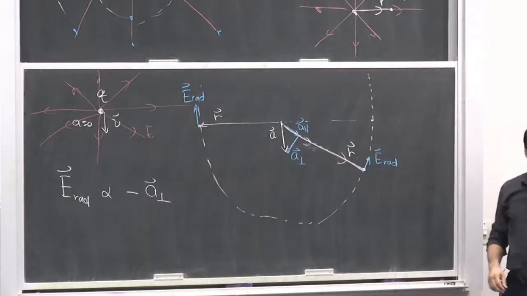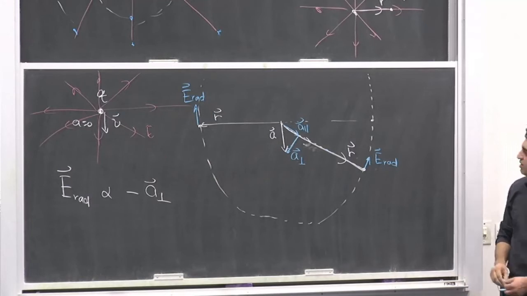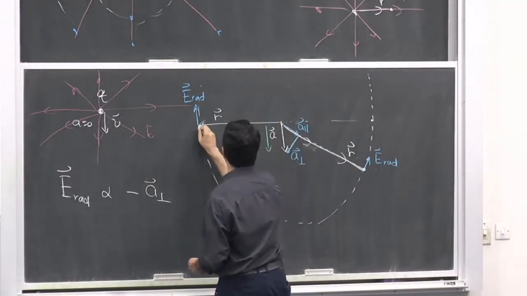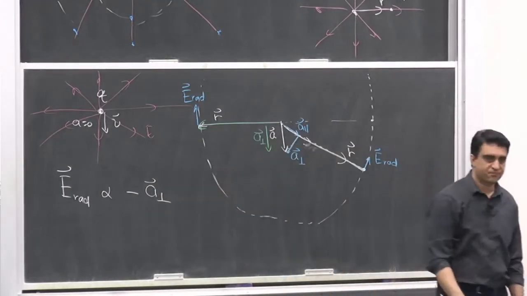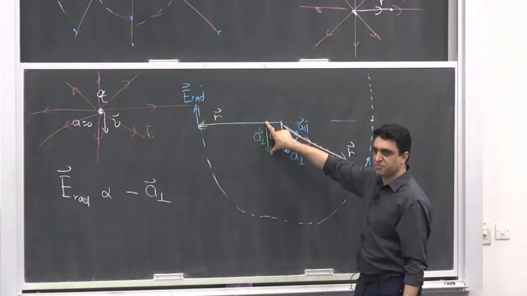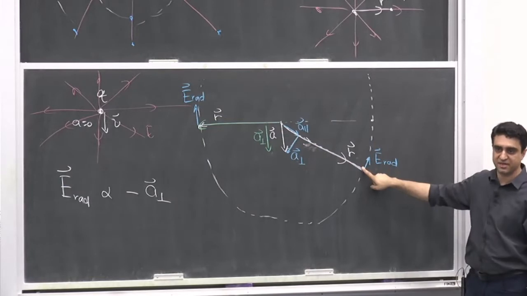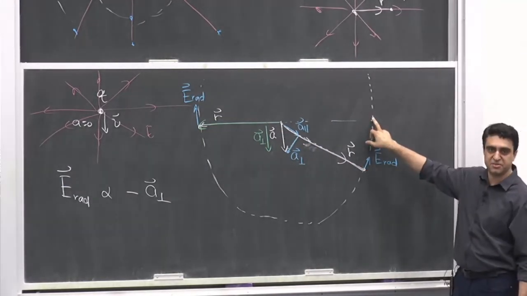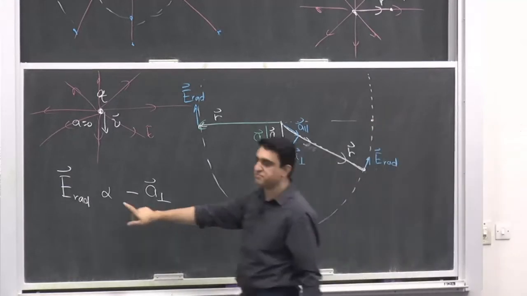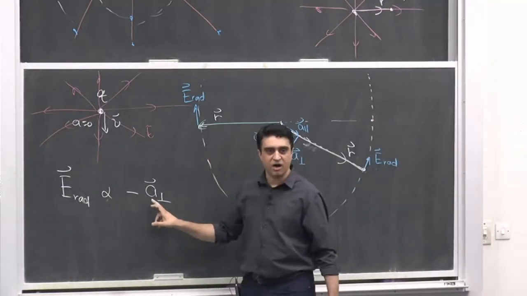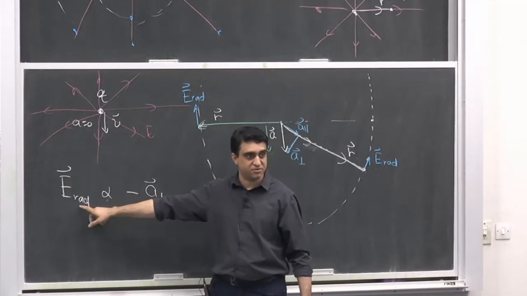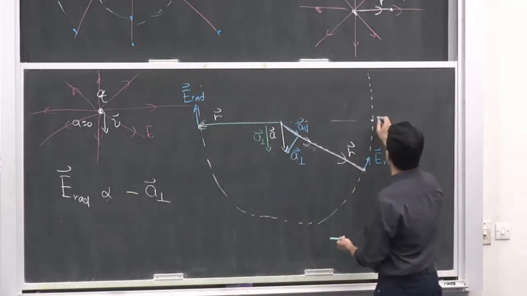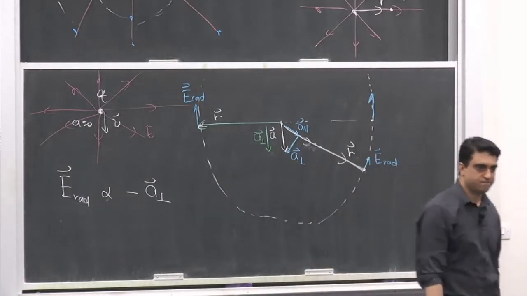So we would call this E radiation, which propagates out at the speed of light.